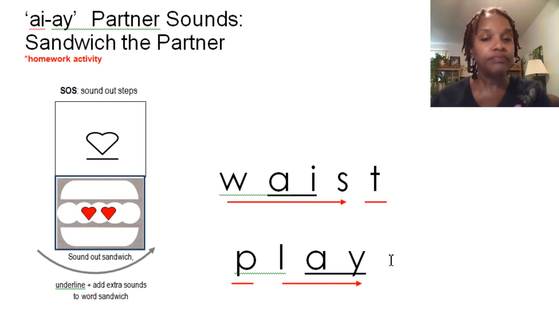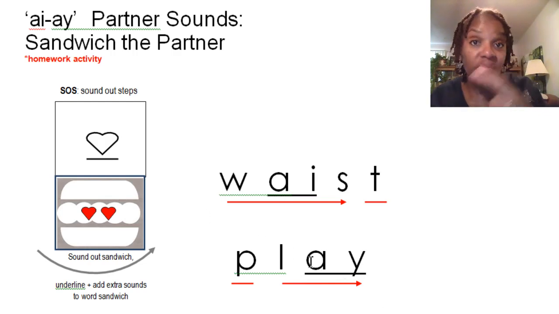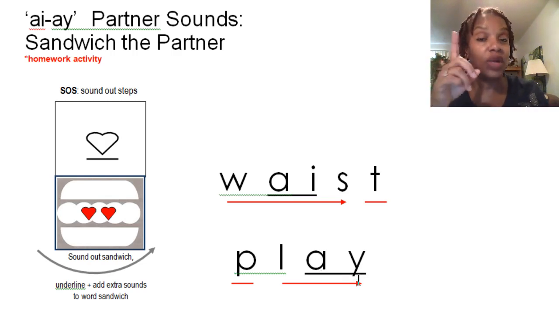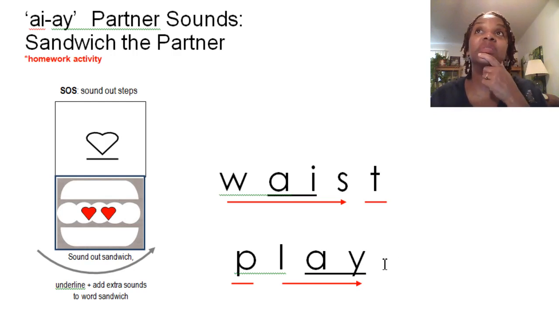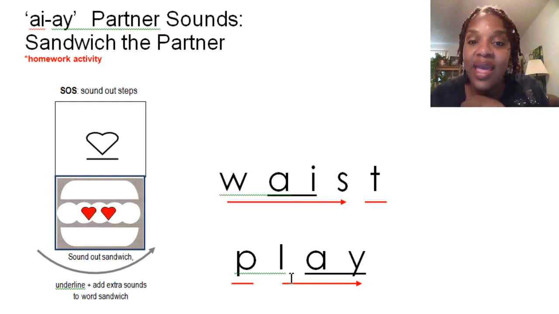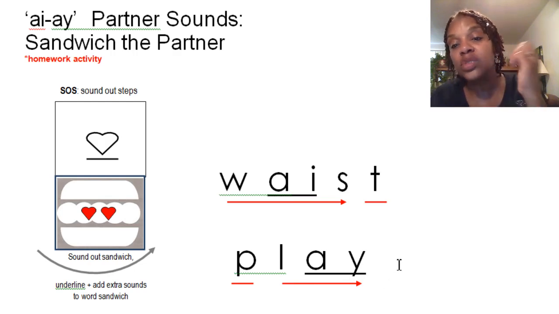All right. Now here's a word featuring the AY partner. So the very first step is to sandwich the vowel. You're going to underline the two vowels walking partner, which is AY. And then you're going to sound out the sandwich. Right? Now look at this word. There's no sound on the right side. So this is what type of sandwich? Anybody remember? Did you say a half sandwich? So this is going to be a half sandwich because there's no sound on the right.